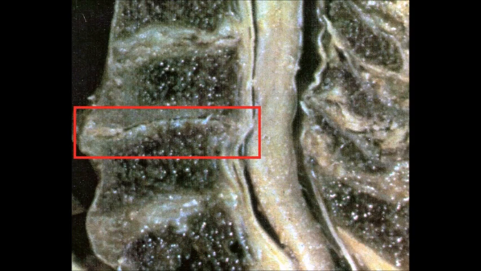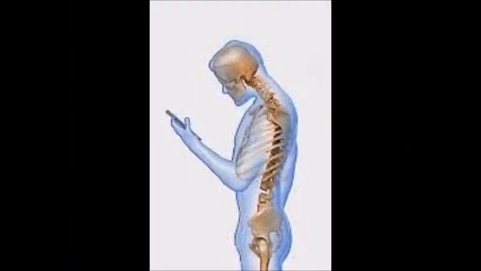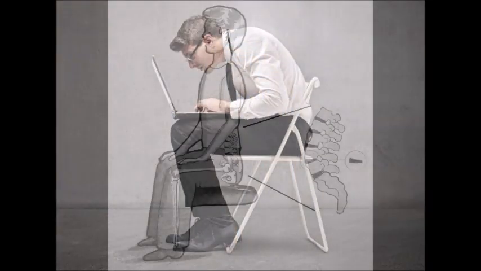This disc is completely eroded and the vertebral bones are projecting outward. And the spinal cord here is getting compressed. These kinds of posture habits will fast-track you into a deformed spinal shape and advanced wear and tear.